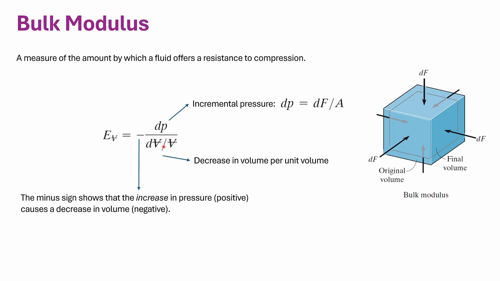And in the denominator, we have dV over V, which basically shows decrease in volume per unit volume as a result of pressure applied on that object. And we have this negative sign here. The minus sign shows that the increase in pressure, that is positive, causes a decrease in volume, negative. So in order to get a positive number for bulk modulus, we need to have a negative sign in this formula.